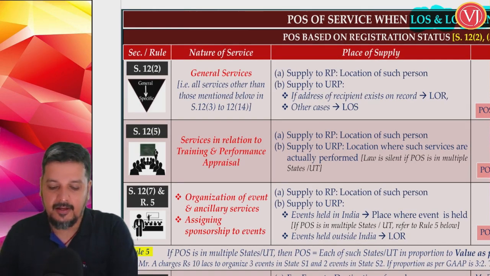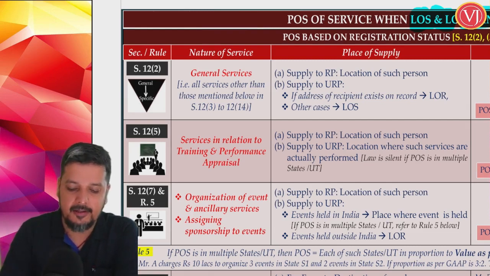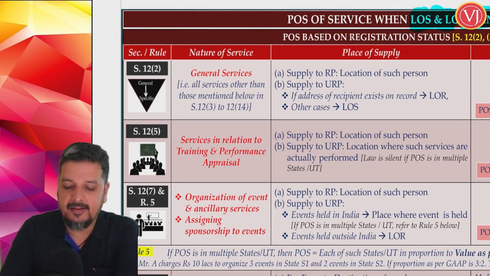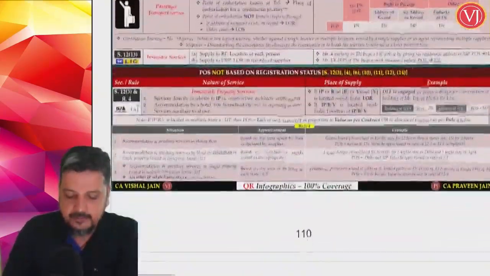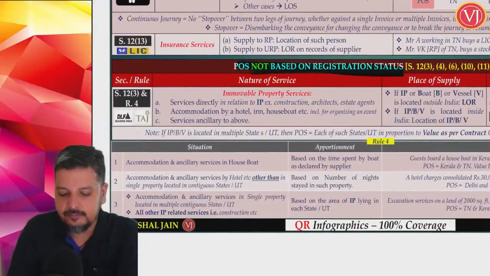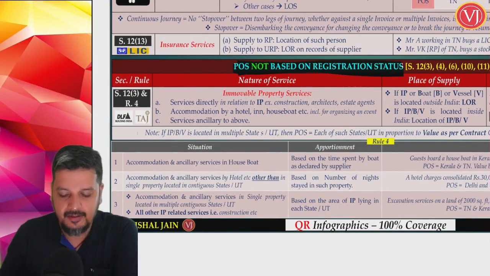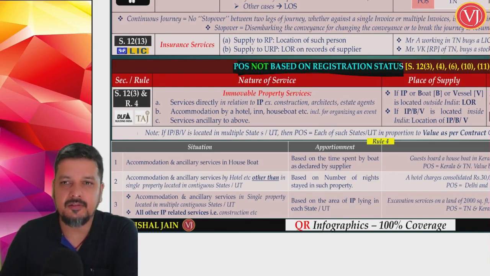But before we take that, please understand that we have bifurcated your entire section 12 into 2 parts. Place of supply where the answer is based on registration status of the recipient, and place of supply where the answer is not based on registration status of the recipient.